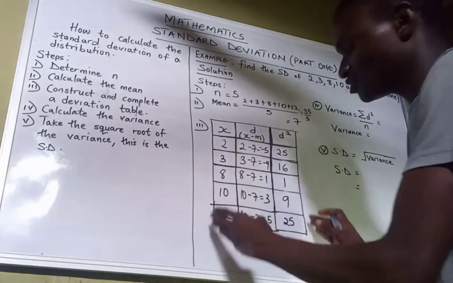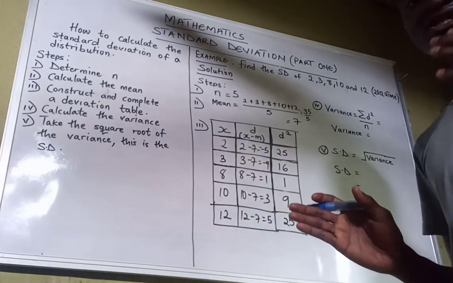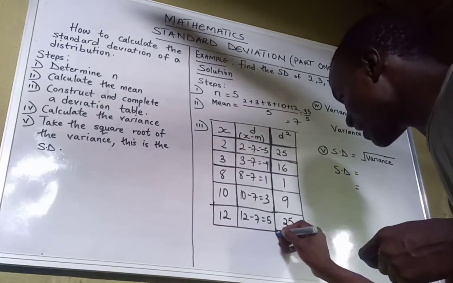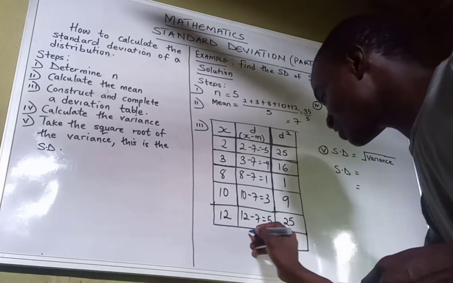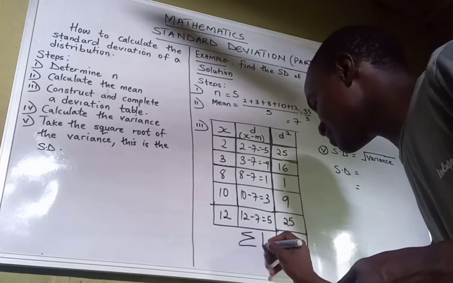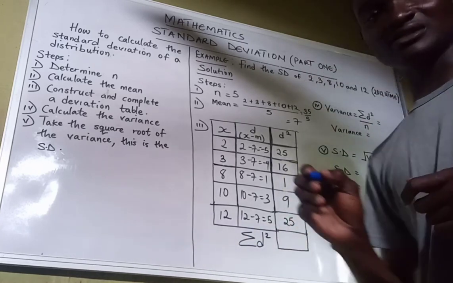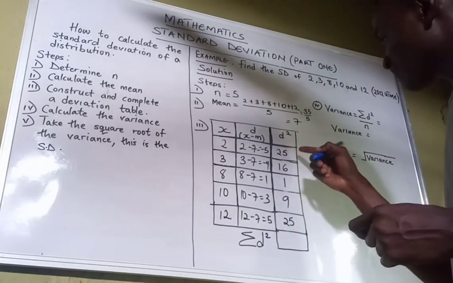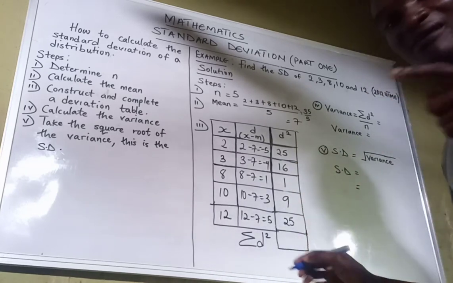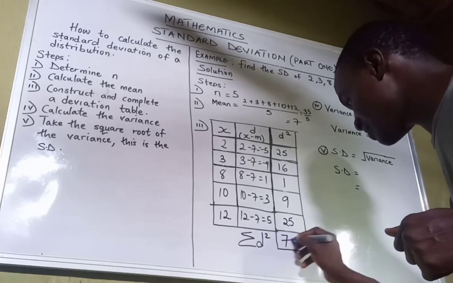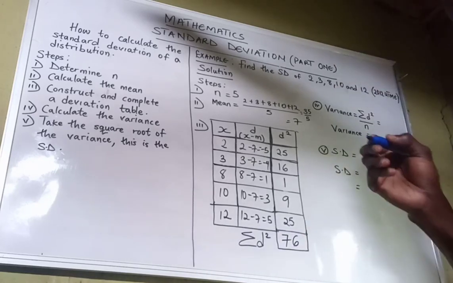Once you have completed this table, the next thing is to total the deviation squared. We represent that by the summation d squared. This is 25 plus 16 plus 1 plus 9 plus 25, and the answer here is 76.